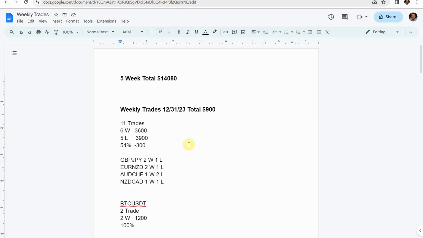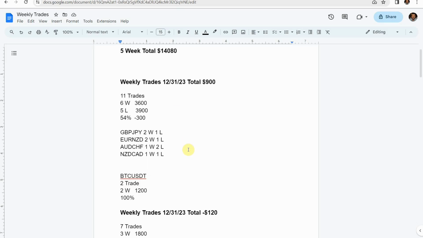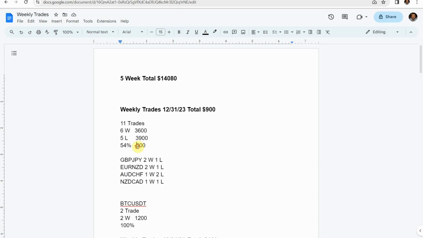Over 5 weeks in a row, we would have been at a profit of $14,080. Even excluding the crypto coin, we would have only been down $300 on the week, and so we would have still been at a decent profit over the last 5 weeks. I'm not sure if I said 5 weeks. Maybe I said 4. Nonetheless, over the 5 weeks, we would have still been very profitable.